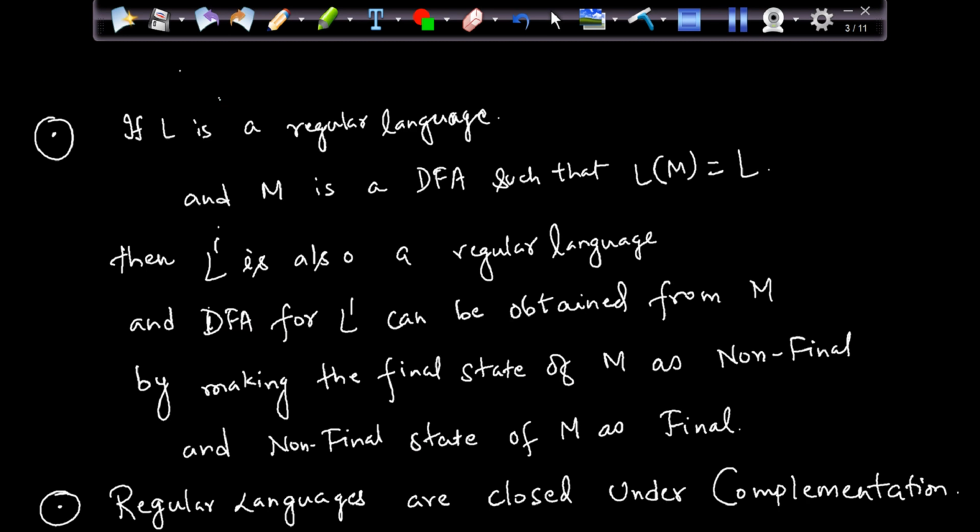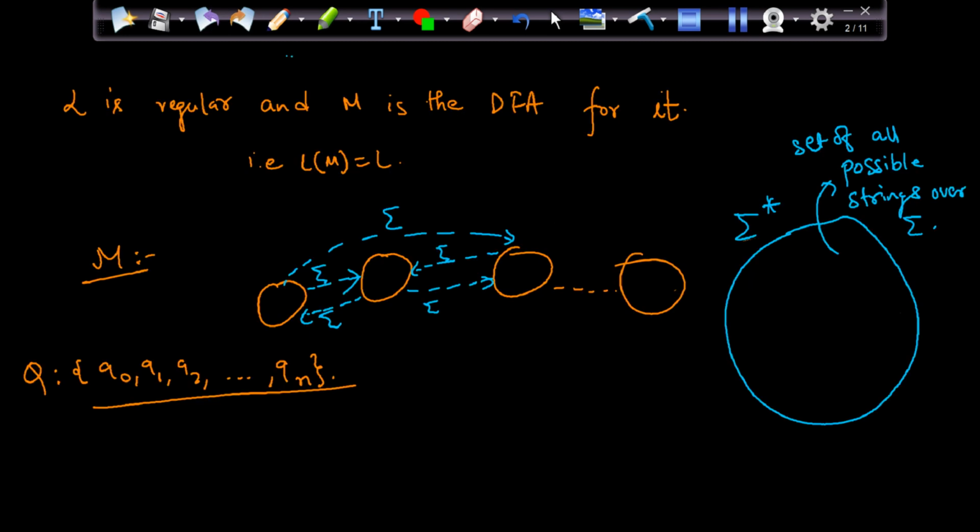What do we mean by that? It means that each and every string in sigma star, when fed to any DFA, will end up in one of the states.